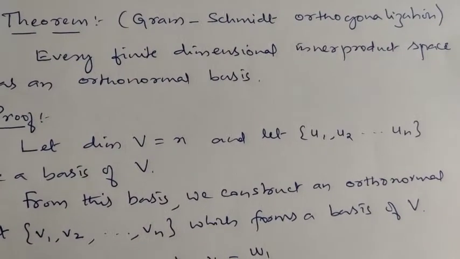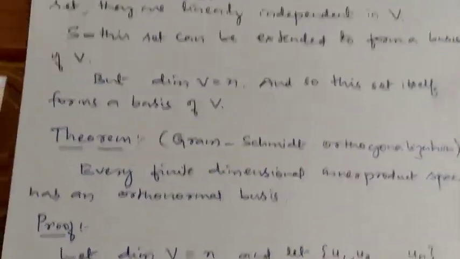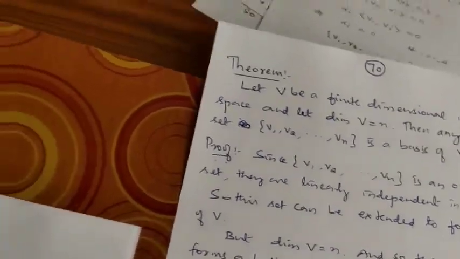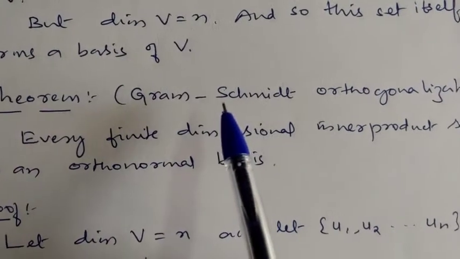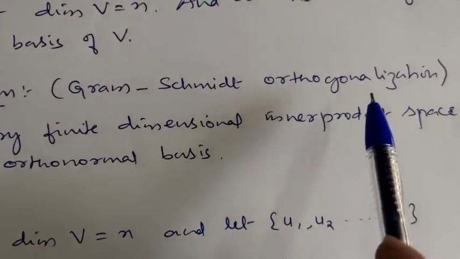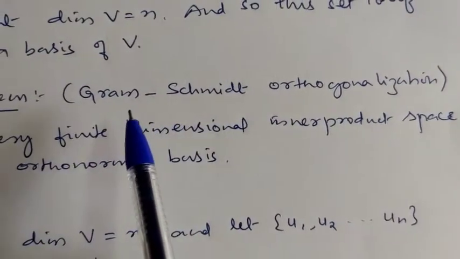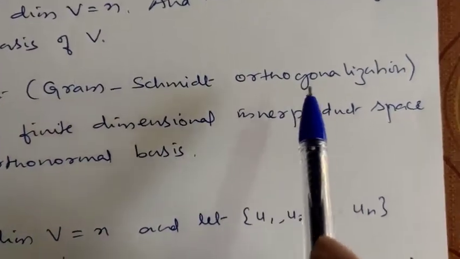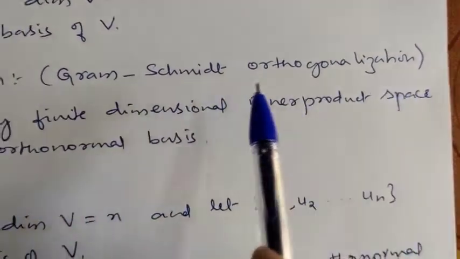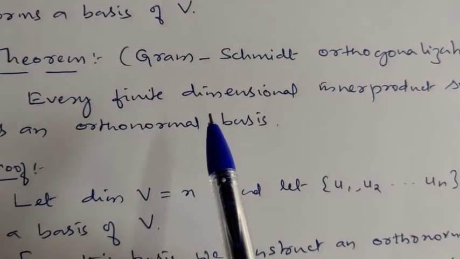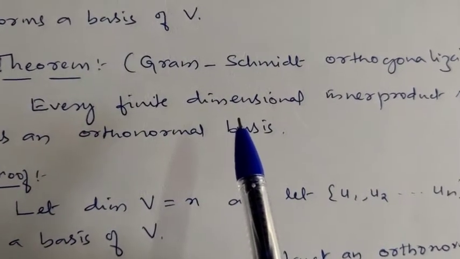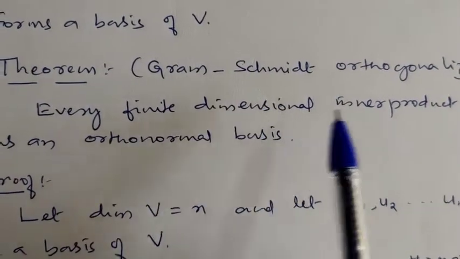Yes, that is answered by this famous theorem known as Gram-Schmidt orthogonalization. The method adopted here is called the Gram-Schmidt orthogonalization process. Here we can make the ordinary basis elements of a vector space into an orthonormal basis.